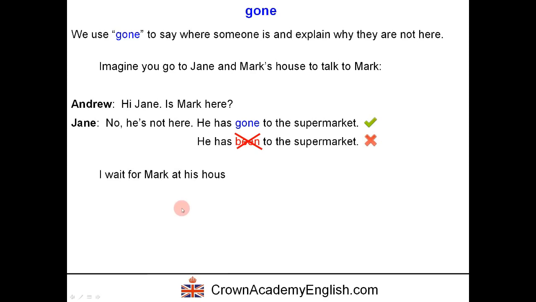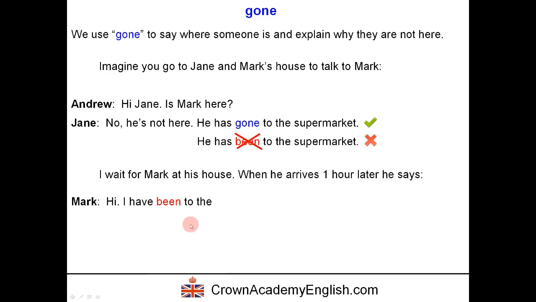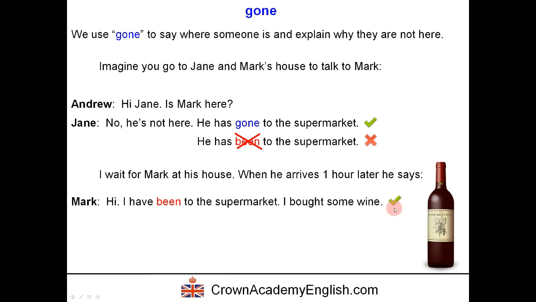Now, let's suppose I decide to wait for Mark at his house. So I wait there with Jane, and we are waiting for Mark to return. So when he returns, or when he arrives 1 hour later, this is what he says. "Hi, I have been to the supermarket. I bought some wine."